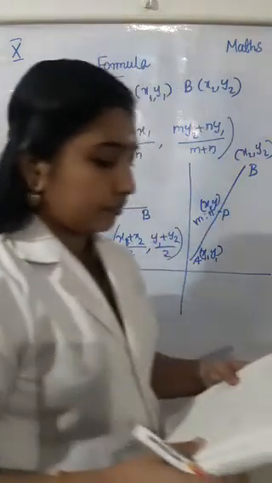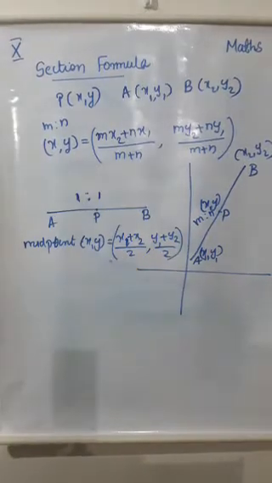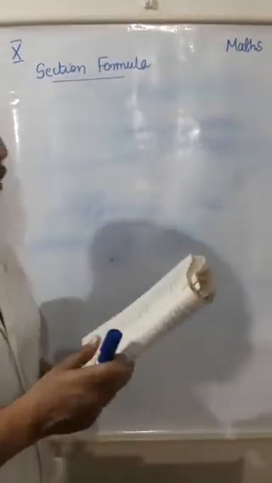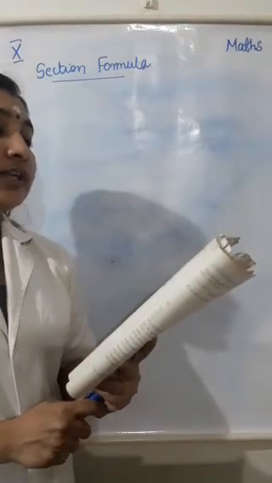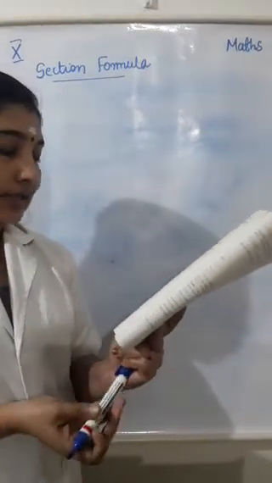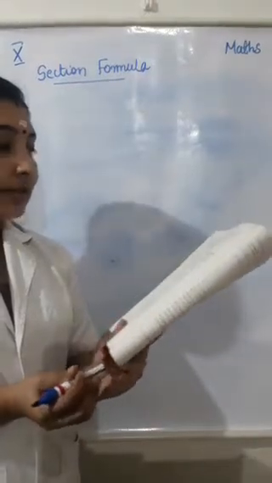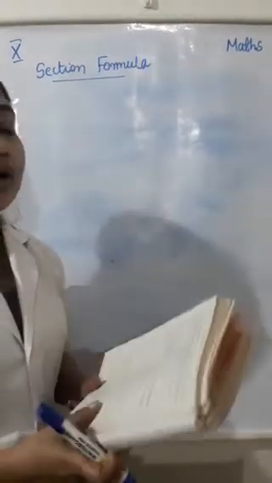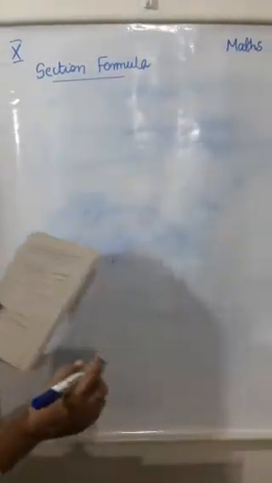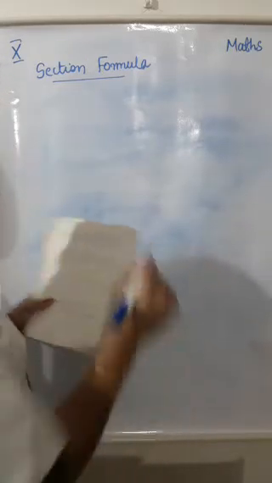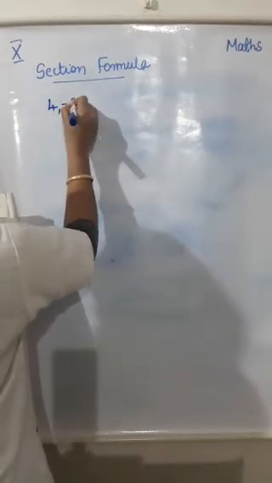Listen. Find the coordinates of the point which divides the line segment joining the points (4, -3) and (8, 5) in the ratio 3:1 internally.